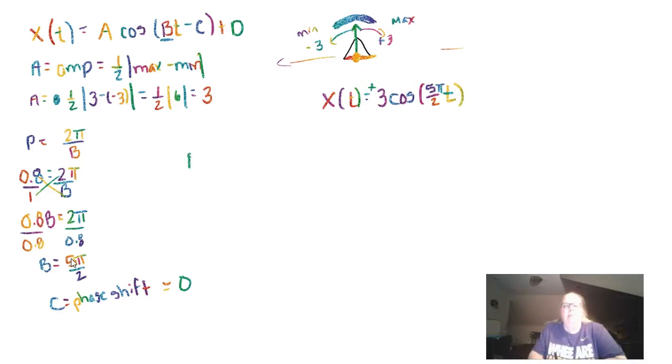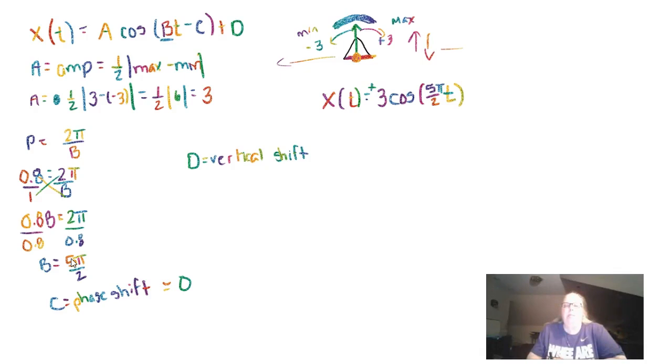D right here is the vertical shift. Now again, we go back and look at the metronome. Here's the base, here's the center. Once we get this thing going, at no point in time is the whole thing going to pick up and move up, and at no point is it going to pick up and move down.